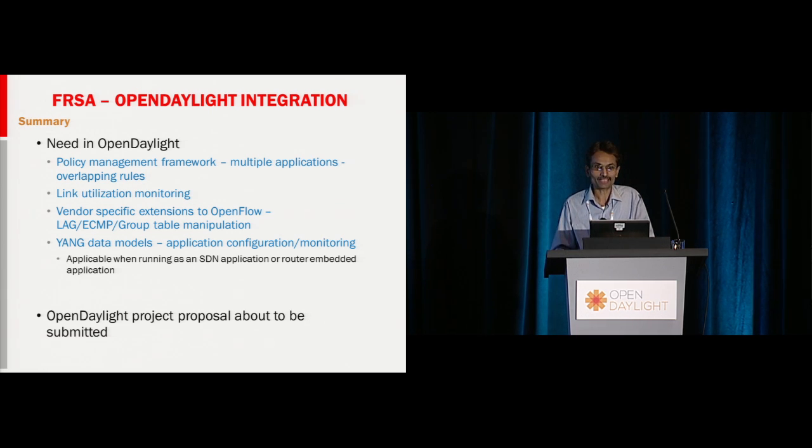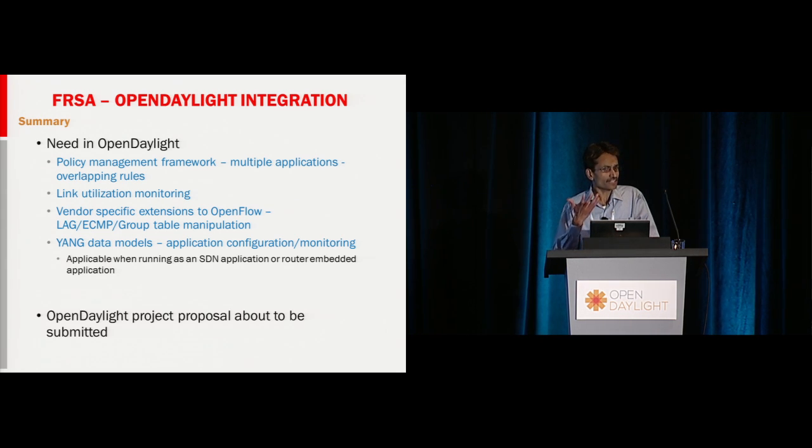That's an important topic. And other gaps are link utilization monitoring, which needs to be done in OpenDaylight. And also we need vendor specific extensions to OpenFlow, LAG, ECMP, group table manipulation. And also we would need Yang data models for large flow, this whole slew of applications, configuration and monitoring.